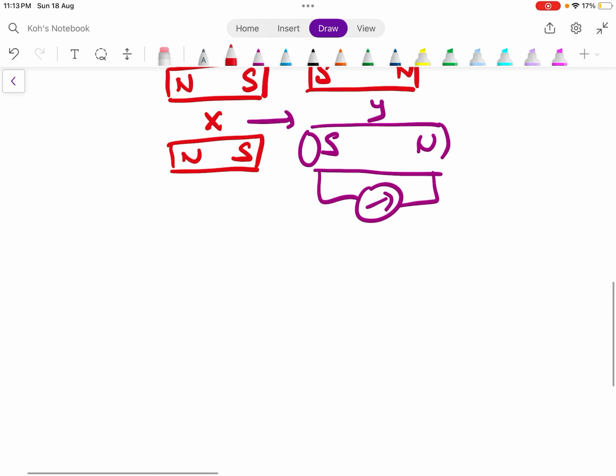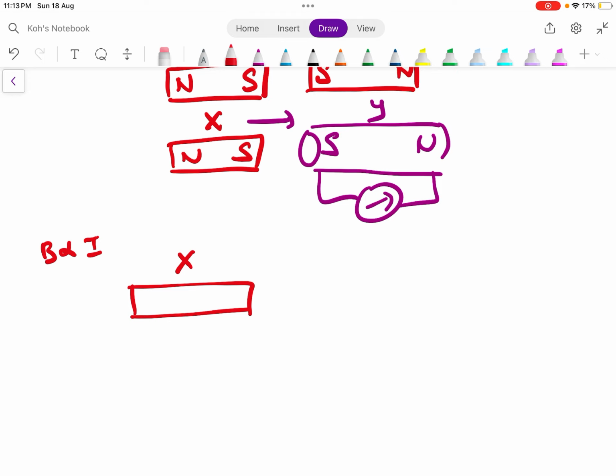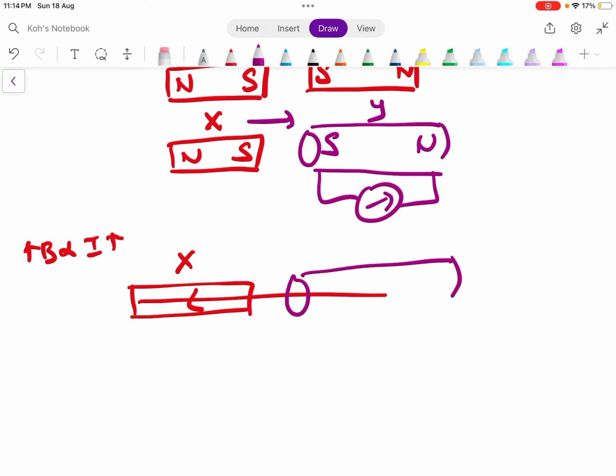Okay, maybe I draw here. So this is your coil X. So for example, current increase means B field increase. So the coil X will increase its B field in this direction. So now we have another coil, so the coil Y is like that.